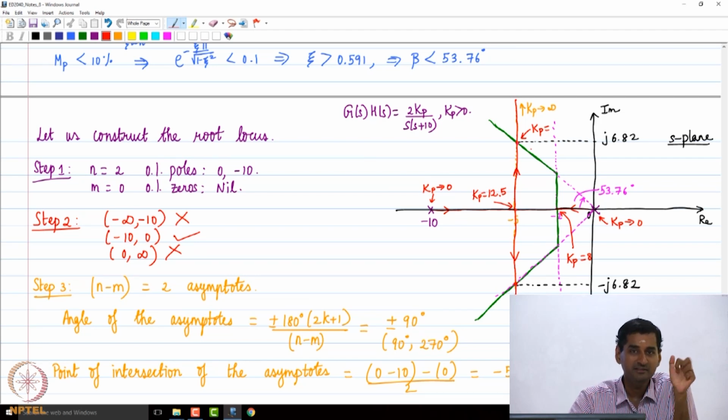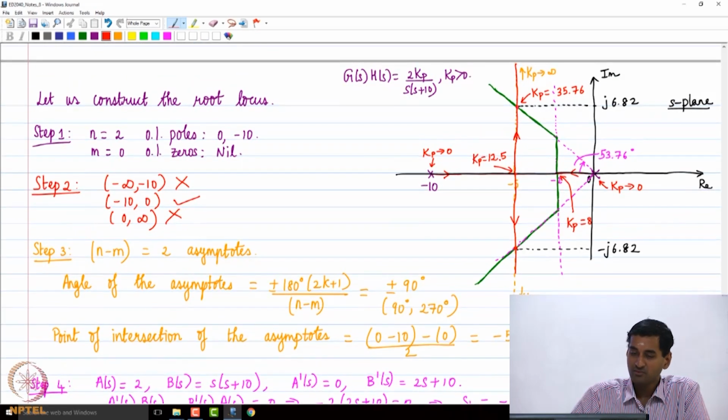Please plug it into the closed loop characteristic equation and check it. I got the answer as 35.76. So if you substitute it in that closed loop characteristic equation, you get 35.76.